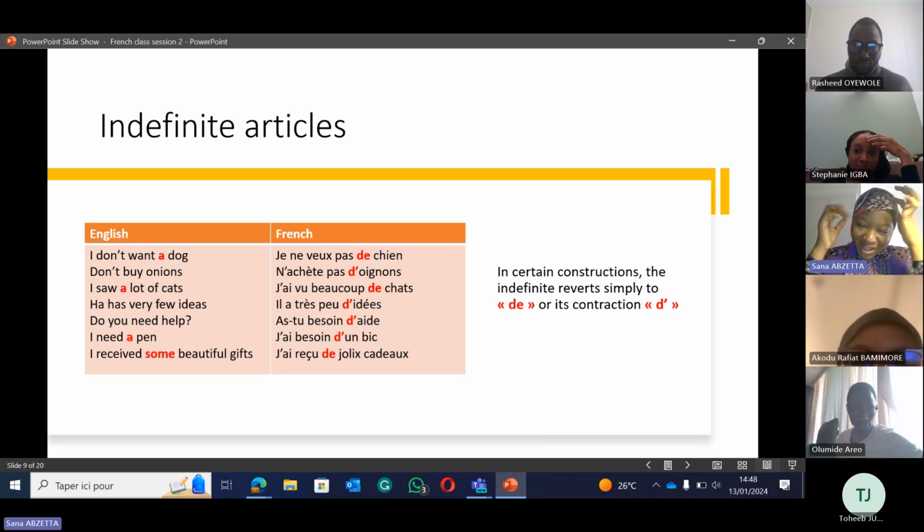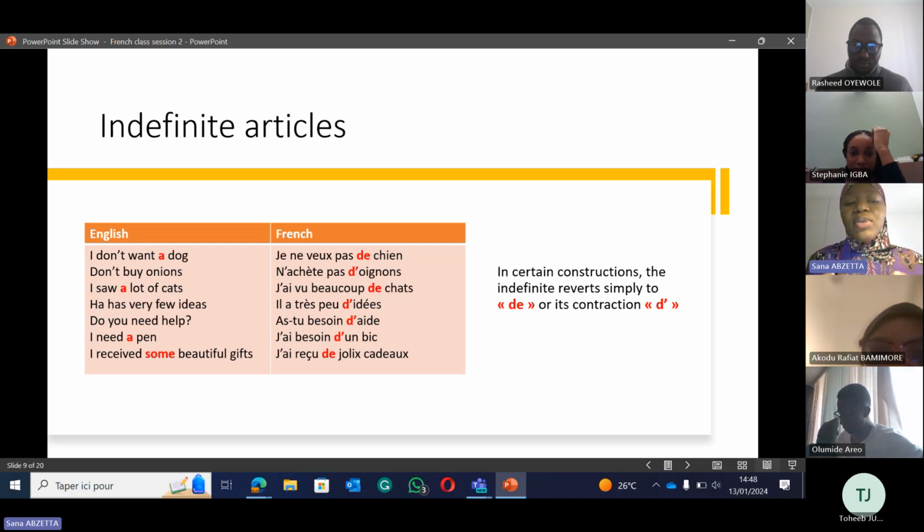It is more difficult even for me to find a way to make it logical for you to understand. Let's say I will try to put some rules. If you want to talk about a need that you have, or if you want to give some orders to someone, for example, Rafiat is going to the market and you give her a list of what you want her to buy for you.